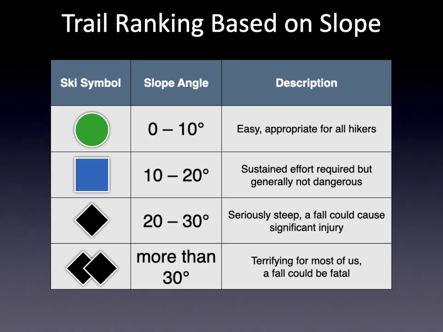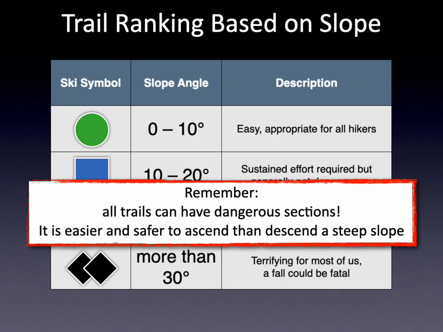However, you should remember that all trails can have dangerous sections. Your 0 to 10 degree trail can cross a raging river, or it could have a short, very steep part which isn't captured in the topography, and yet would still be very dangerous. So just because an average slope angle is low doesn't mean that the trail isn't dangerous.